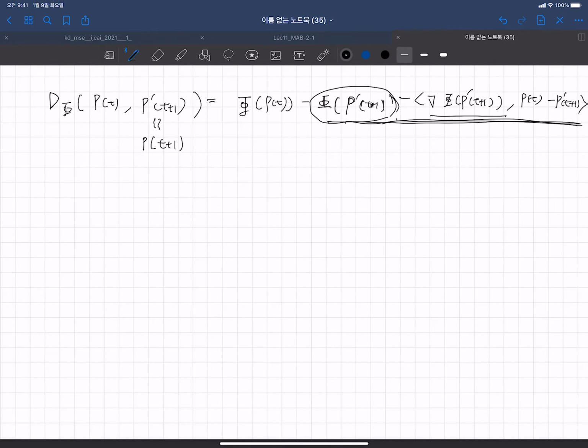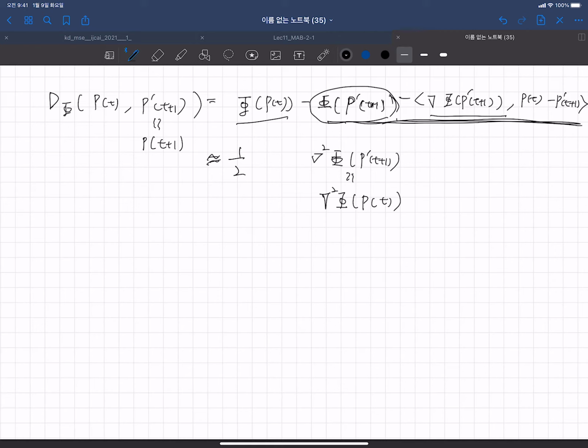So the difference between this and this can be approximated using the Hessian, basically the Hessian of pi at p prime t plus 1, and since we are using a very tiny step size, this is approximately the same as the Hessian at pt. So we are using a very tiny step size to understand the Bregman divergence dynamic using the mirror descent approach.